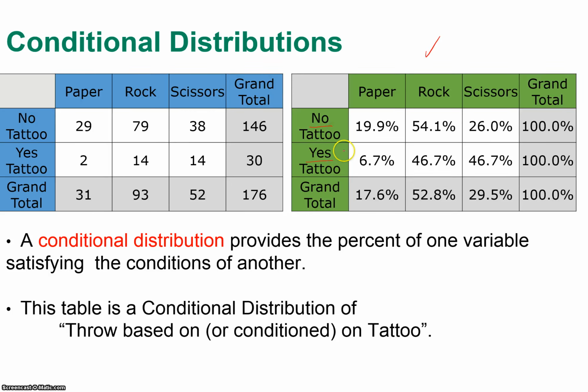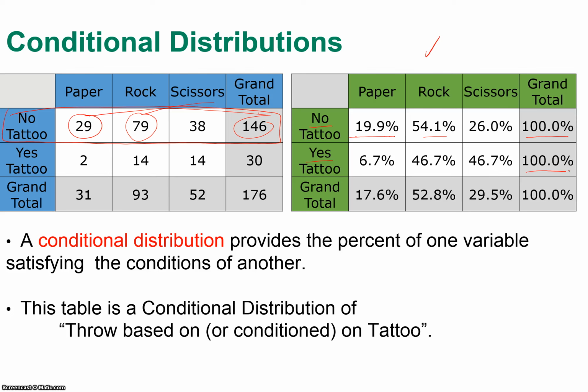And you'll notice that while everyone's changed into a percent, it's changed into a percentage out of its own total. So here, 29 out of my 146 gives me my 19.9. And 79 out of 146 gives me my 54. And the grand totals now become these 100%.